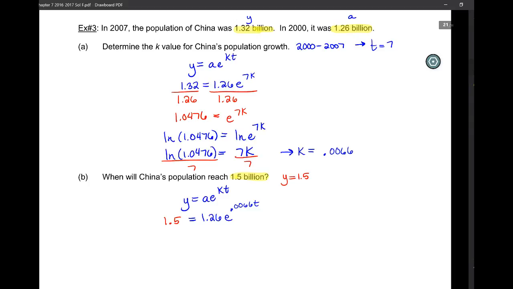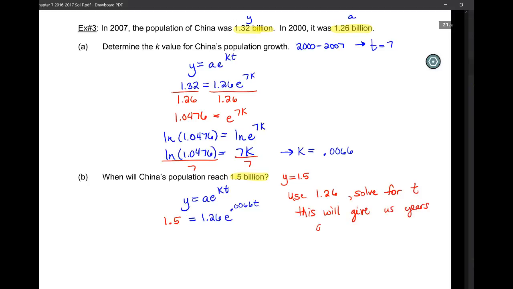Whereas when I use 1.26 and solve for t, it will be the number of years after 2000. If I use 1.32, that's going to give me the number of years after 2007. So it all depends on what starting point you use.